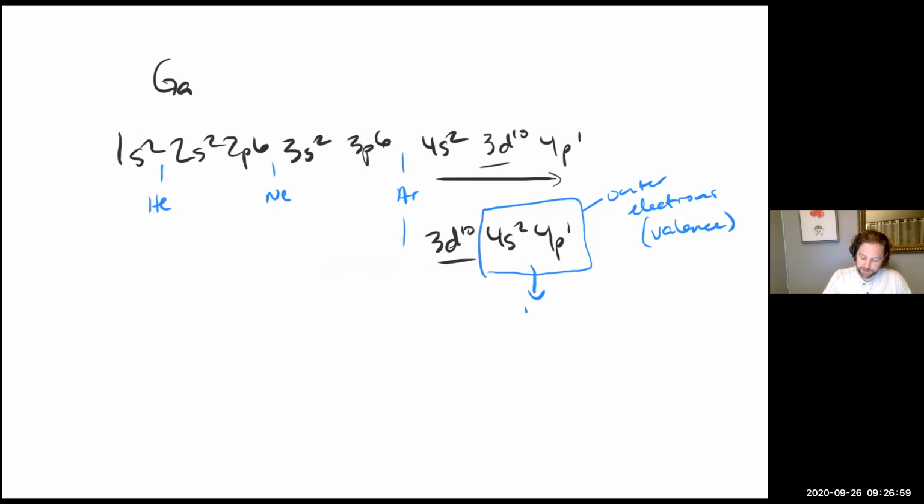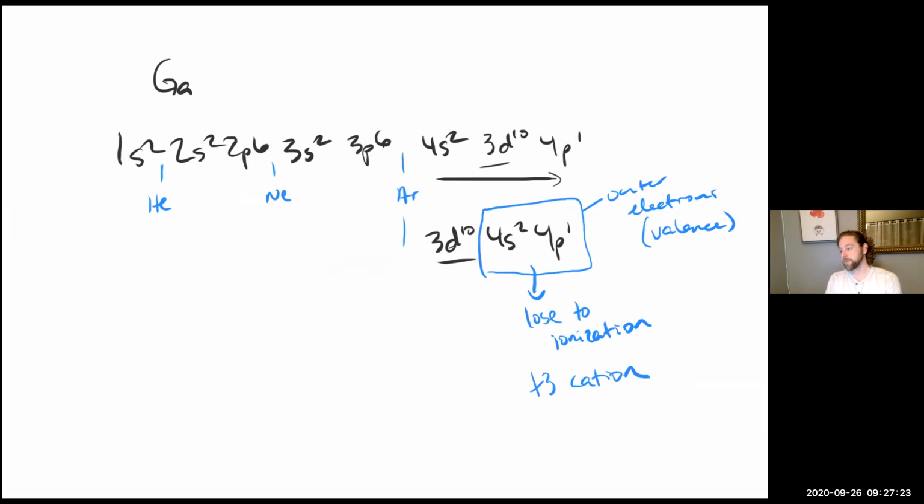And when it loses these 3 electrons to ionization, we can say that gallium is in the same group as aluminum, so it predictably is going to have a +3 charge when those leave. And so ionization for elements with d orbitals is still focused on just s and p electrons leaving.